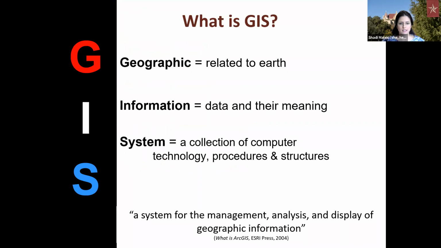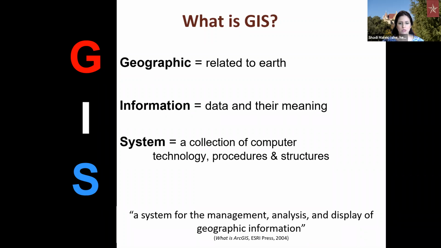So GIS stands for Geographic Information System. Geographic is everything related to Earth. Anything in space wouldn't be geographic. So geographic is any data, any location on Earth. And information is data and what they mean related to this location on Earth.